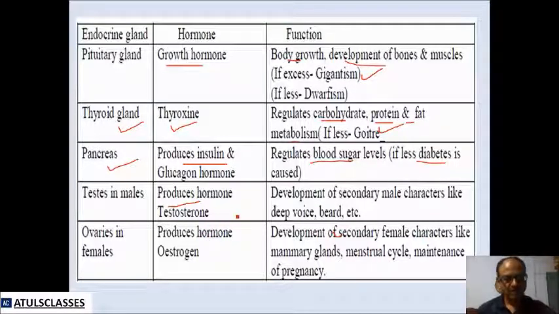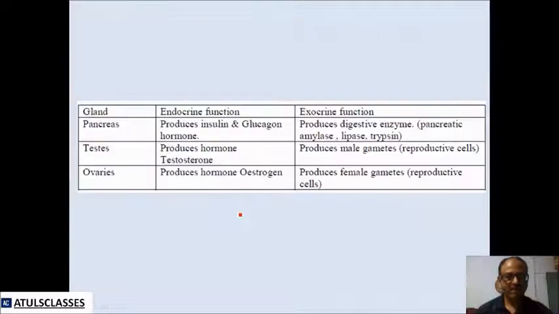So these chemical messengers have a particular function, and the nervous system alone cannot function without these. So both the systems, endocrine system and the neural system, work together for the better growth of the body. Now there are some glands that act as both endocrine and exocrine. What are they?